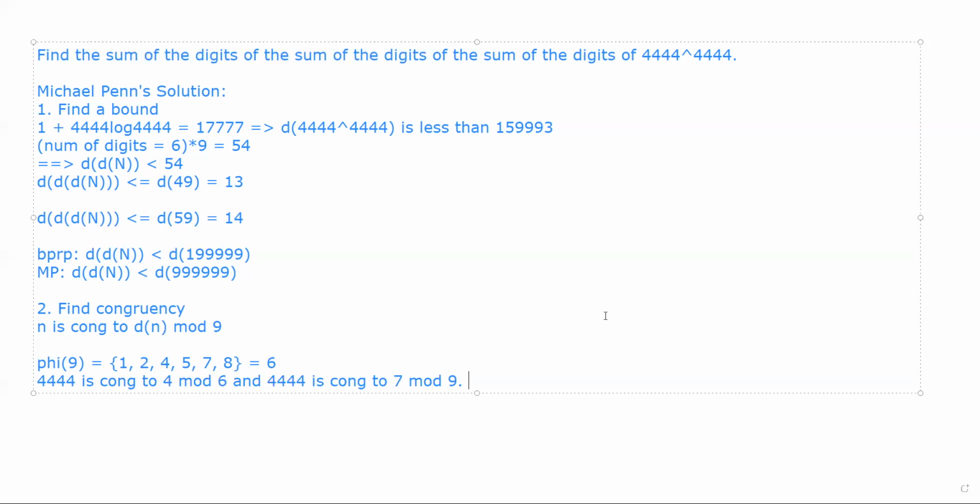So he said something like this, and then 4444 to the power of 4444 is congruent to 7 to the power of 4 mod 9. And then he was eventually able to prove that this is congruent to 7 mod 9.